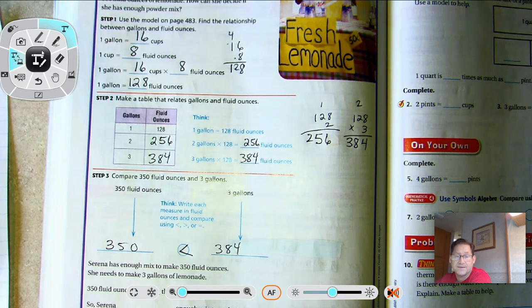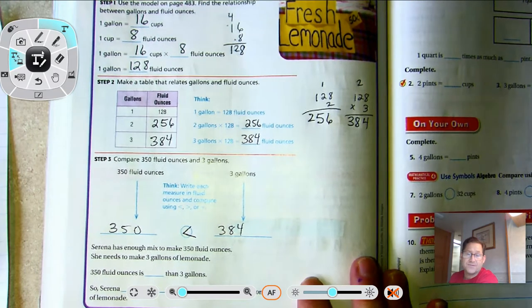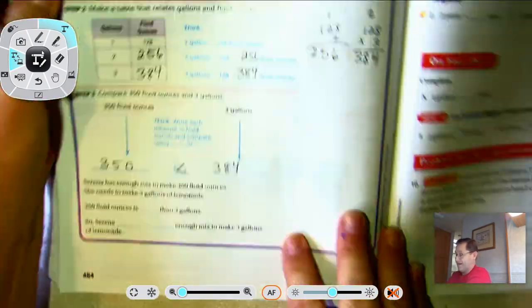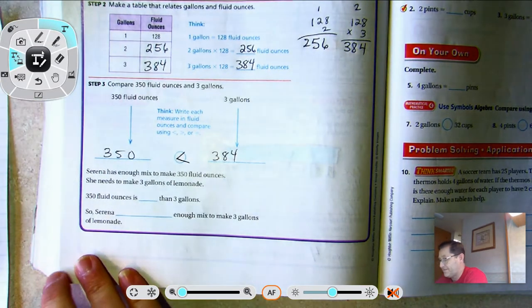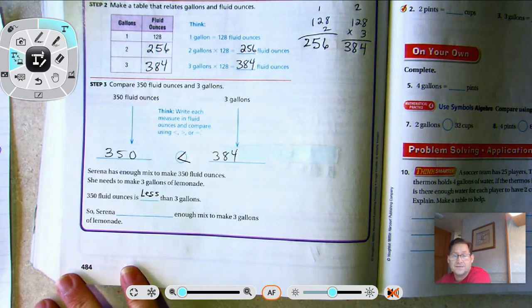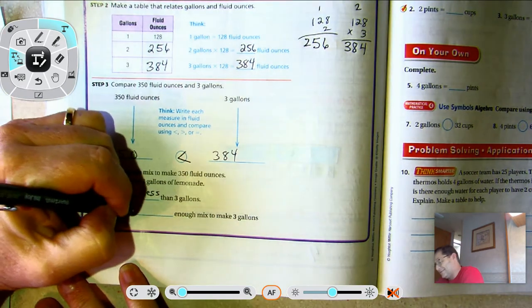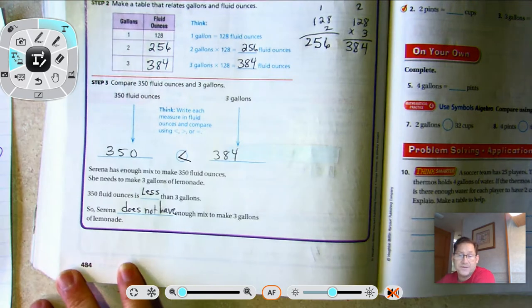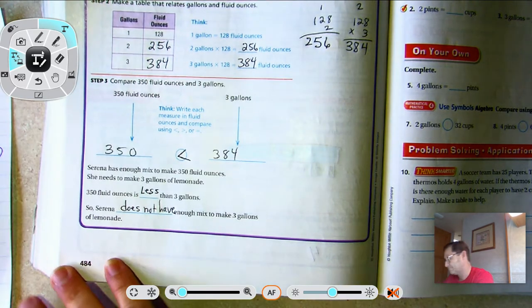So Serena has enough to make 350 fluid ounces. She needs to make 3 gallons of lemonade. 350 fluid ounces is less than 3 gallons. So Serena does not have enough to make 3 gallons of lemonade.